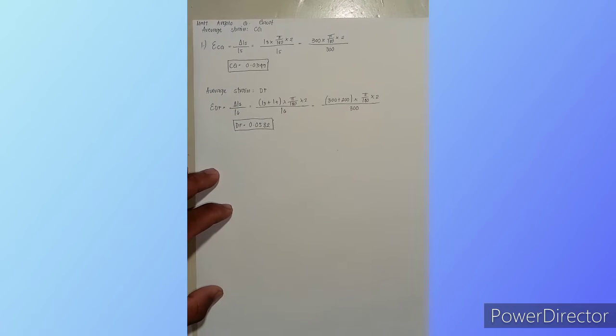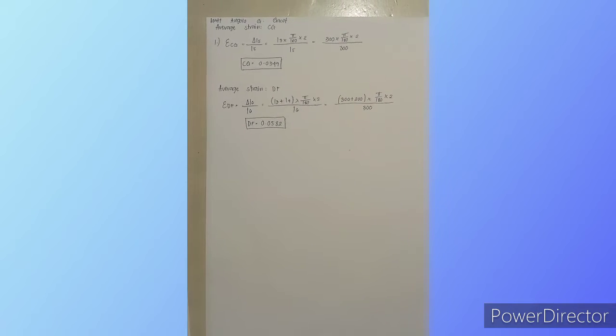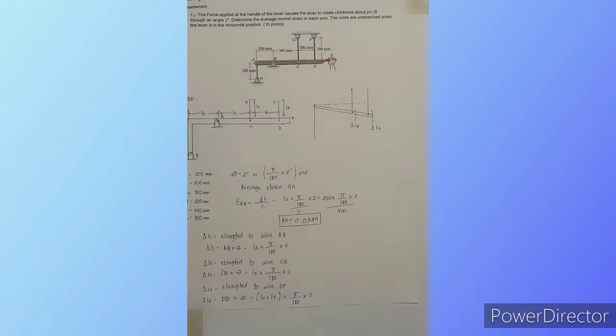So, our CG is equal to 0.0349, the same as our AH.